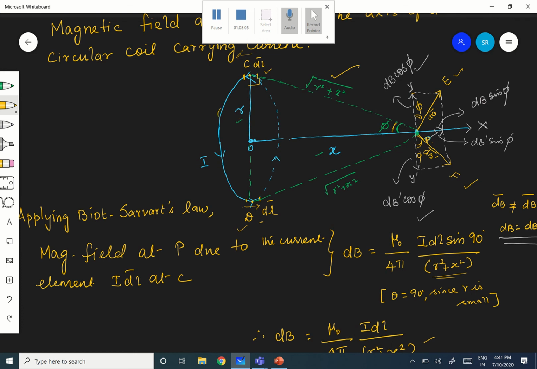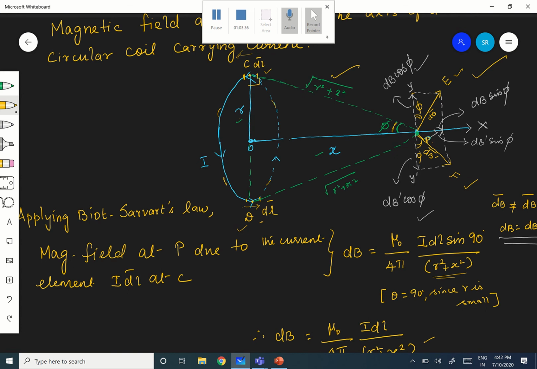Take one element on this side, one on that side, one here, one there. So if you take two pairs diametrically opposite like that, and find out dB, all cosine components will cancel. Okay, are you following me? First I have taken two, one at C and one at D, of which I have shown everything in detail in the diagram. With that I told you cosine components cancel, only sine components are added.